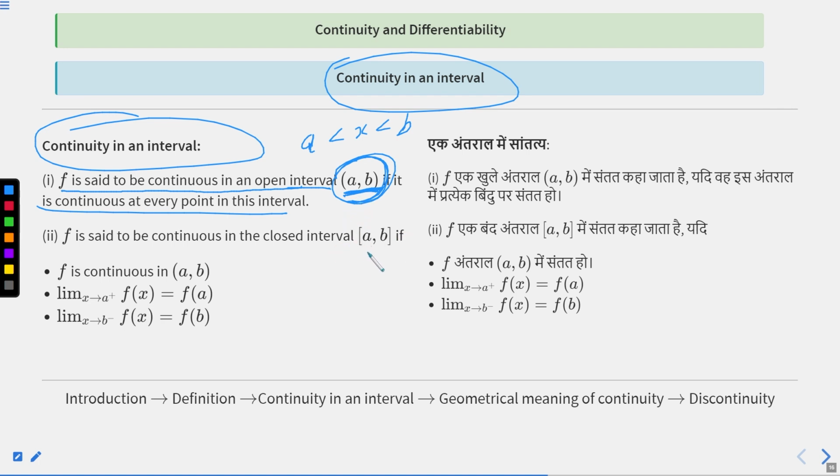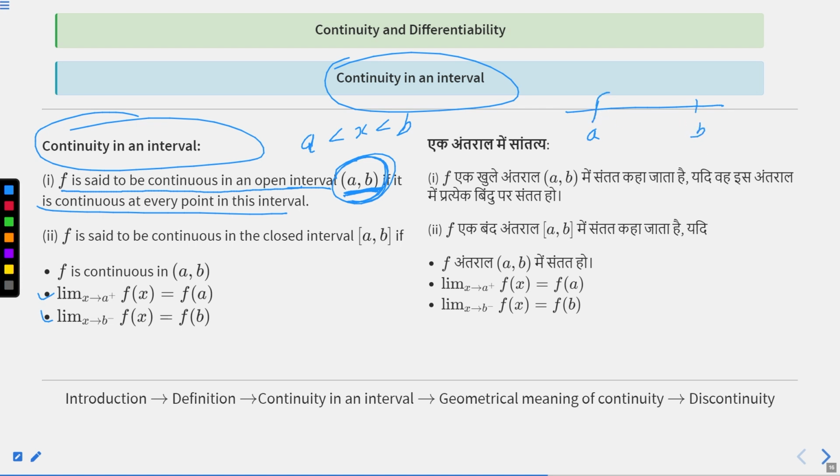Okay. Now, what about the closed interval? The only thing that differs is that my function must be continuous at every point inside this interval, and also that limit x tends to a from the right hand side holds. You all know that the closed interval [a, b] on the real line will be like this.